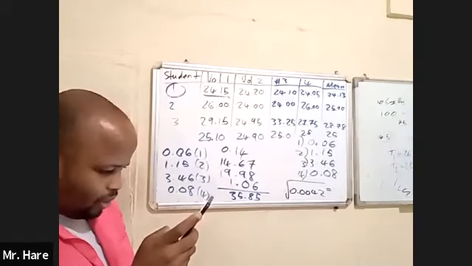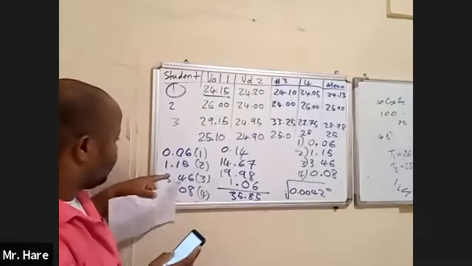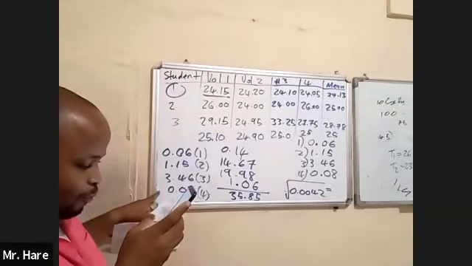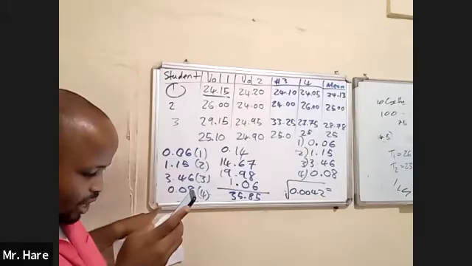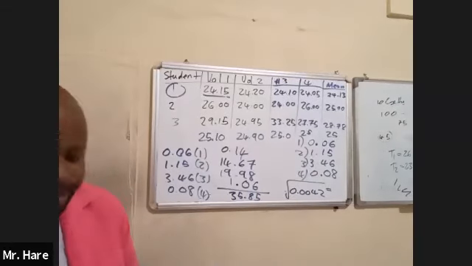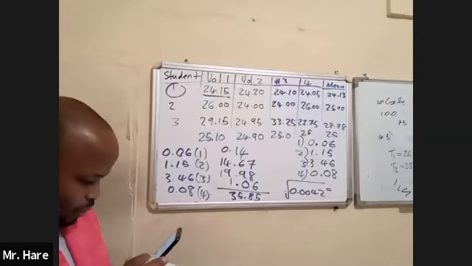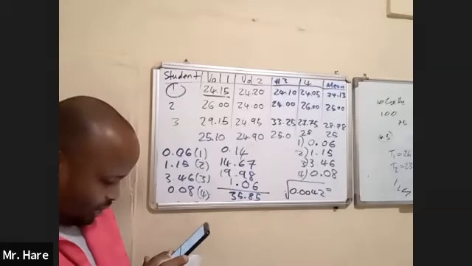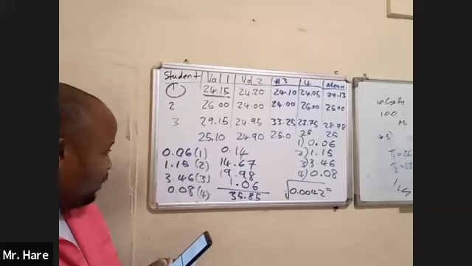So based on these readings, it says evaluate the results obtained by each student by commenting on the accuracy and precision of each set of titre volumes. So for student 1, let us comment on the accuracy and precision of each set of values.